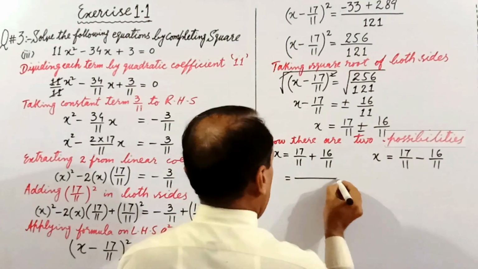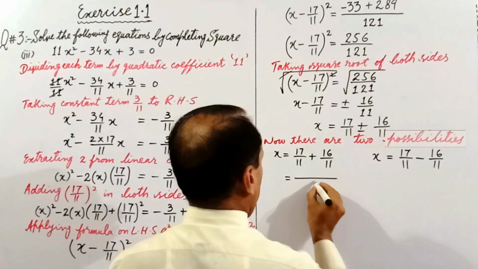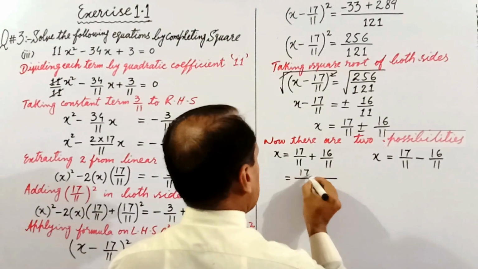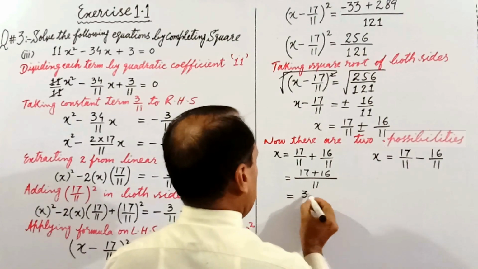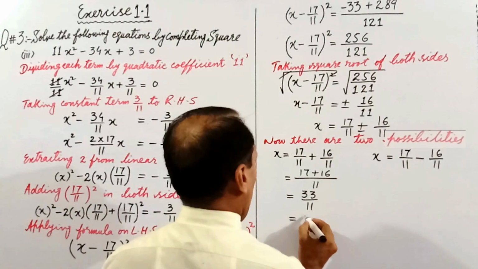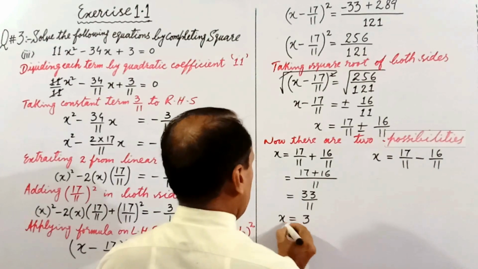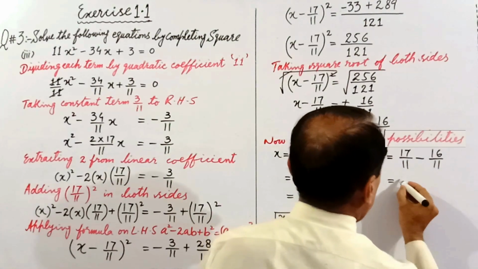So taking LCM, as the denominator is same, so therefore by the standard procedure we write the numerator as they are. 17 plus 16 is equal to 33 divided by 11. We have the first value of x is equal to 3. And for the second value, we take LCM.